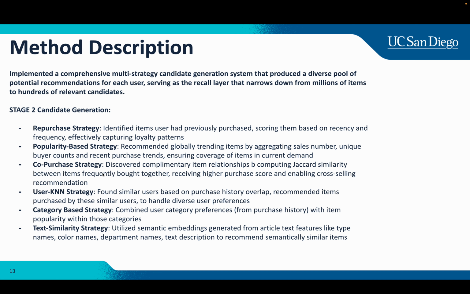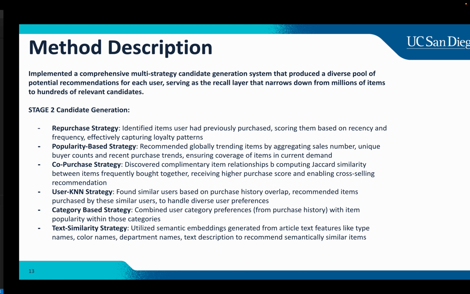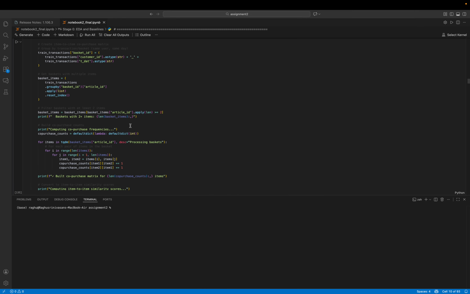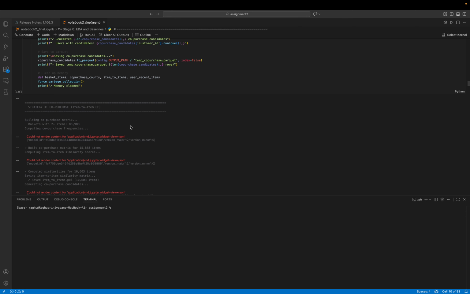So this checks out the user's purchase history and gets the items from that category if the user has bought. And the implementation for this is here.